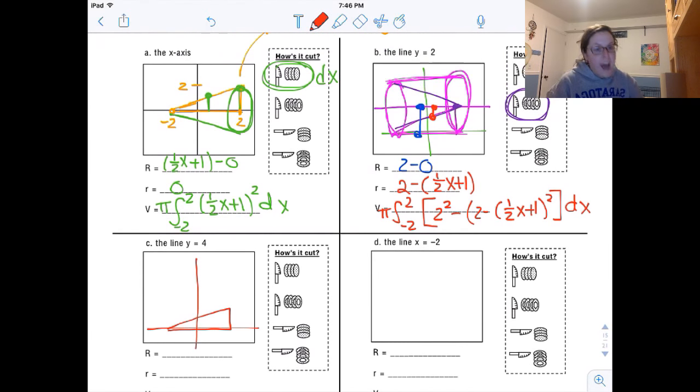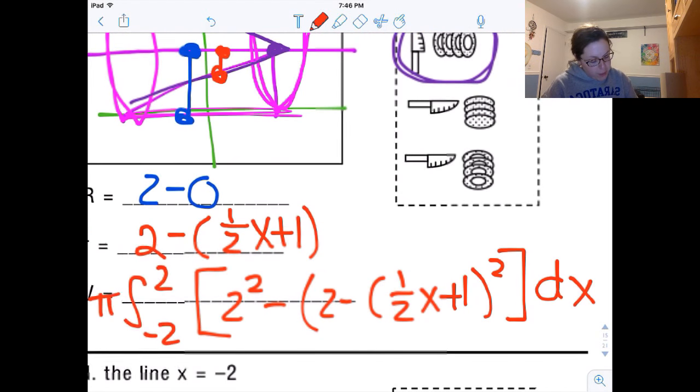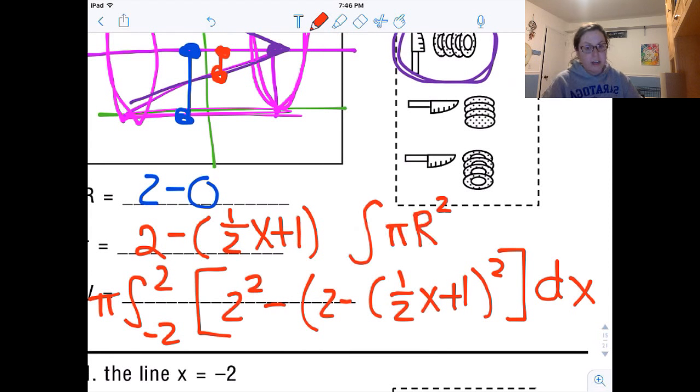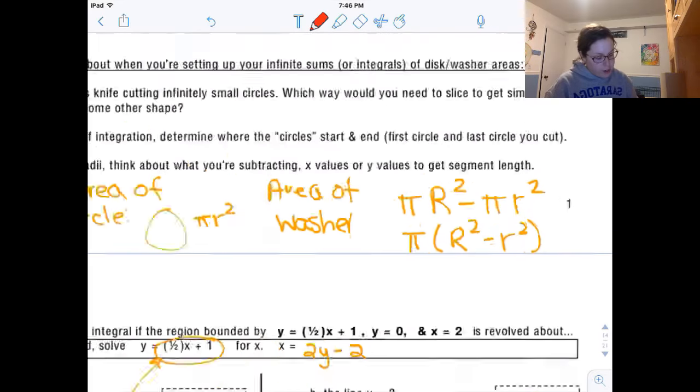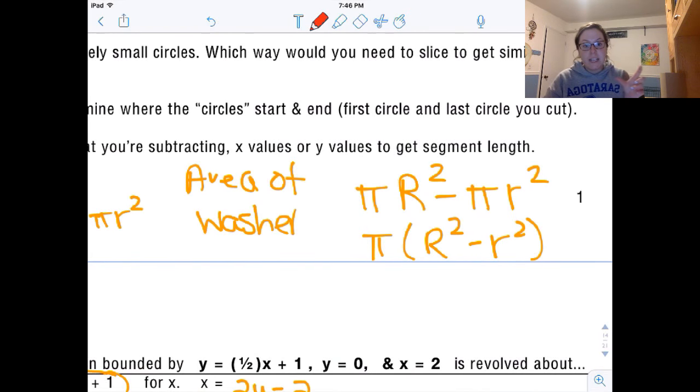So the last one was, why did we square each of those? It's a great question. So remember that what you're doing here is the integral of pi times the outer radius squared minus pi times the inner radius squared dx. Because what you're doing is finding the integral of the area, right? And the area of a washer is pi times the outer radius squared minus pi times the inner radius squared.